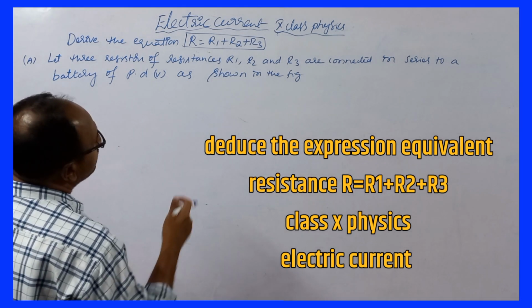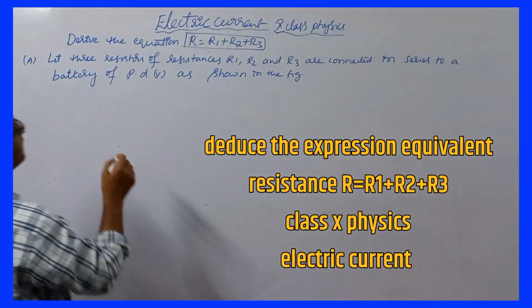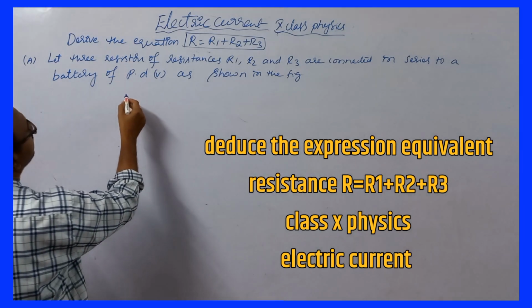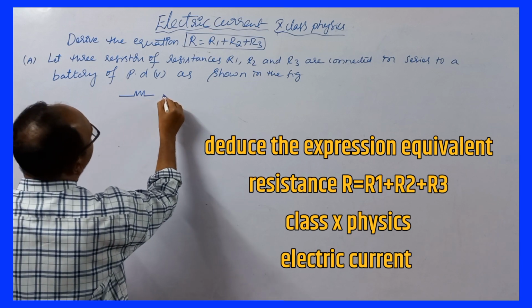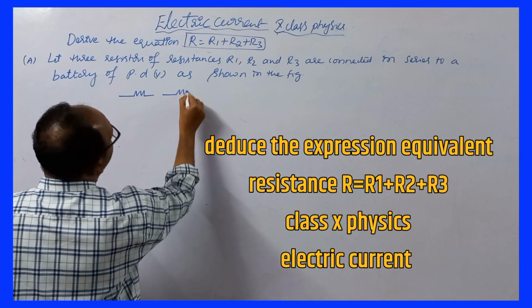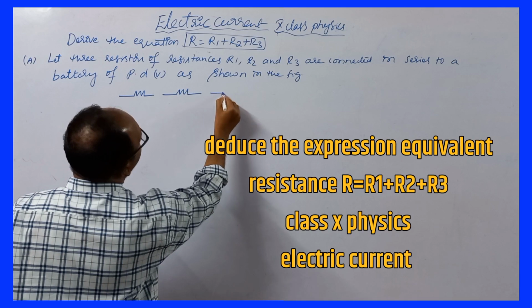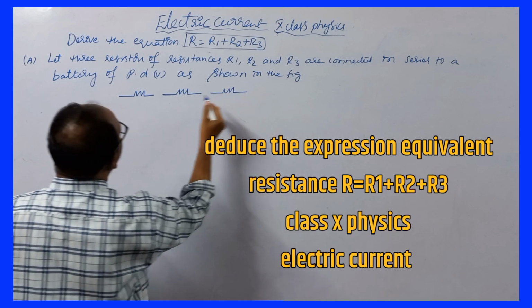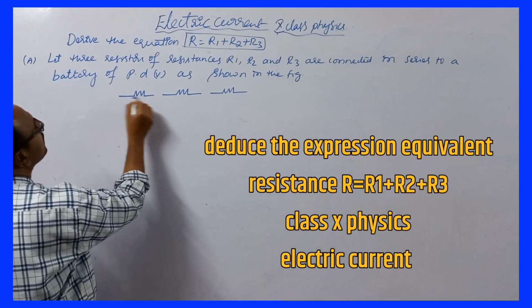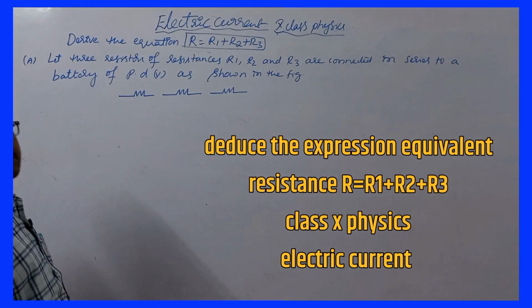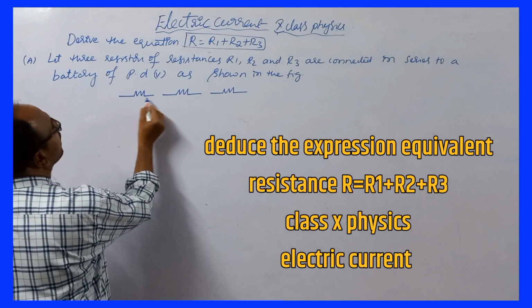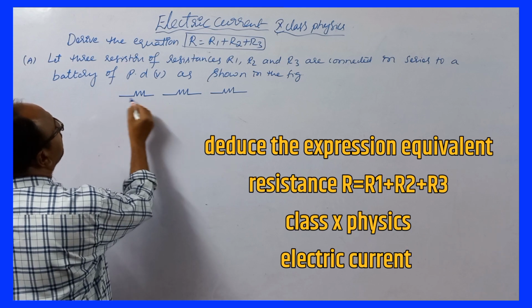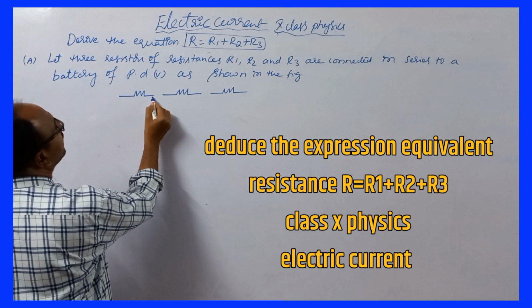So now we must draw the figure in the form of a circuit, students. For example, it is a resistor, first one. It is a resistor, second one. It is a resistor, third one. Now what is a series combination of resistors? Each has a terminal 1 and terminal 2, first end and second end.